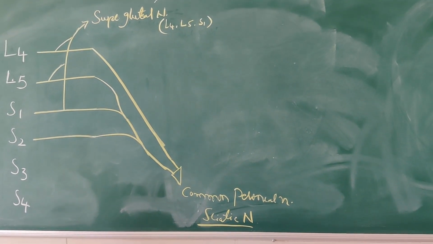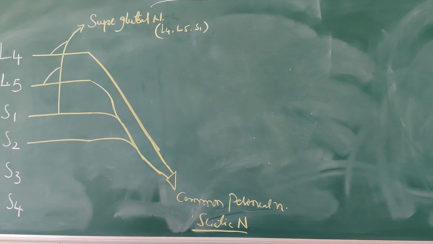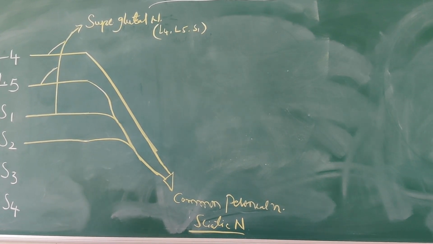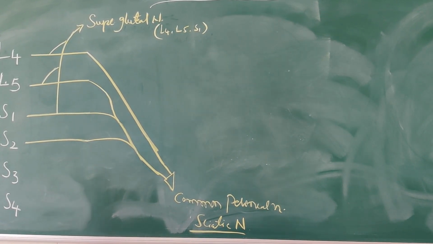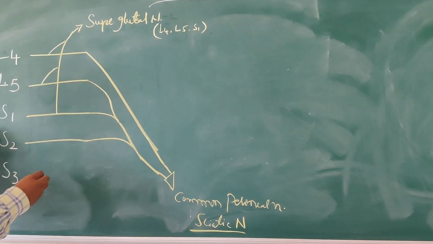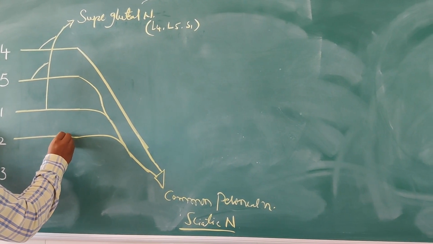Then the inferior gluteal nerve also arises from the posterior divisions of L5, S1, S2. So we have one branch from these.